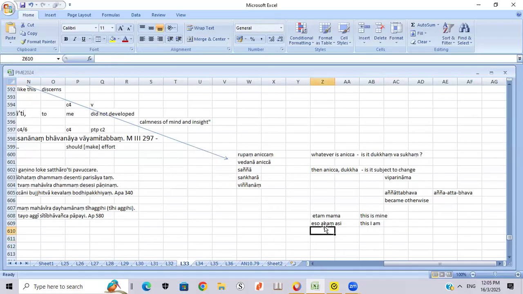Then after that is eso me atta. This is myself. Can you consider the object that is subject to change, this is myself? So this is what we call reflection.